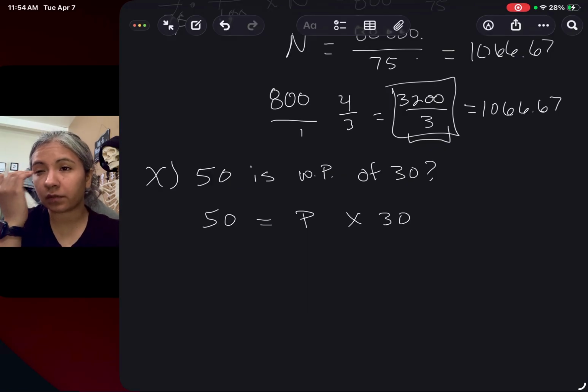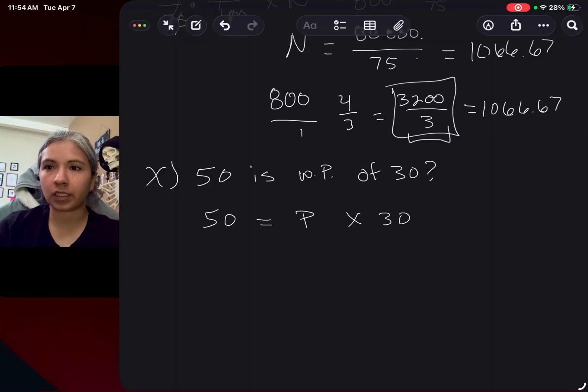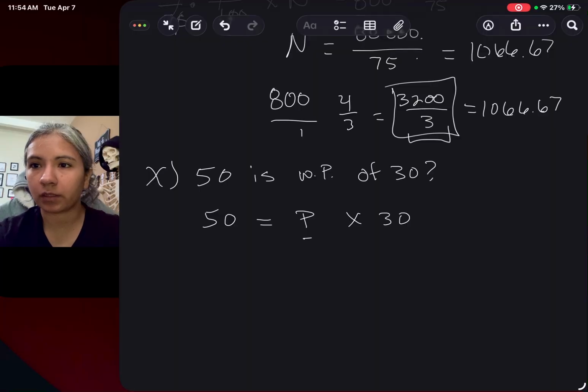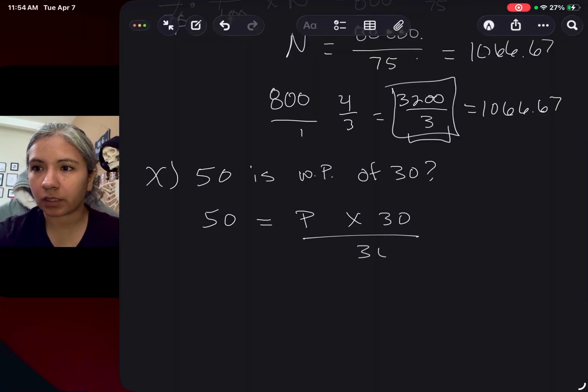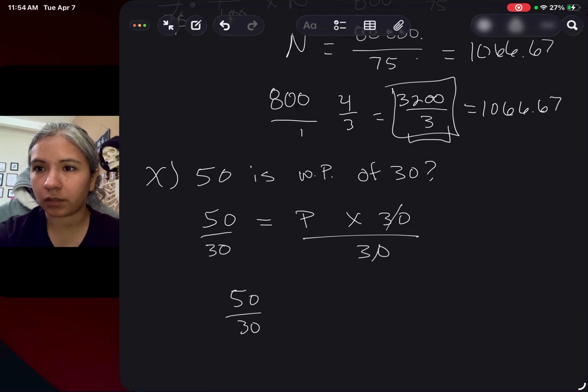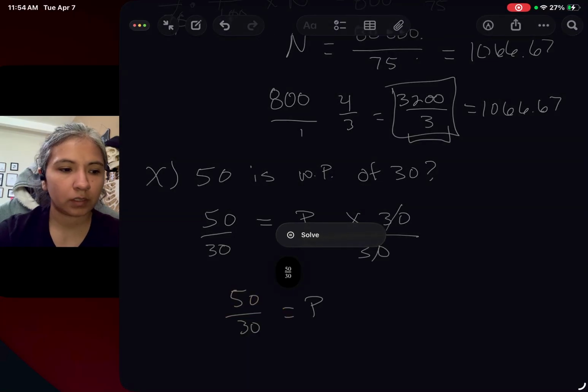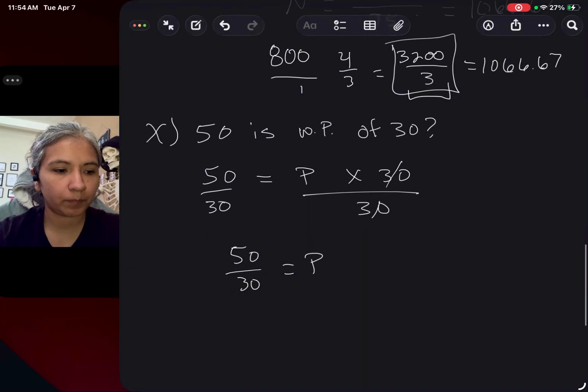The thing is, 50 is more than 30, so our answer is going to be more than 100%, because 100% is going to be 30, right? So let's divide both sides by 30 to balance that equation. So 50 over 30 is going to give us what we need.